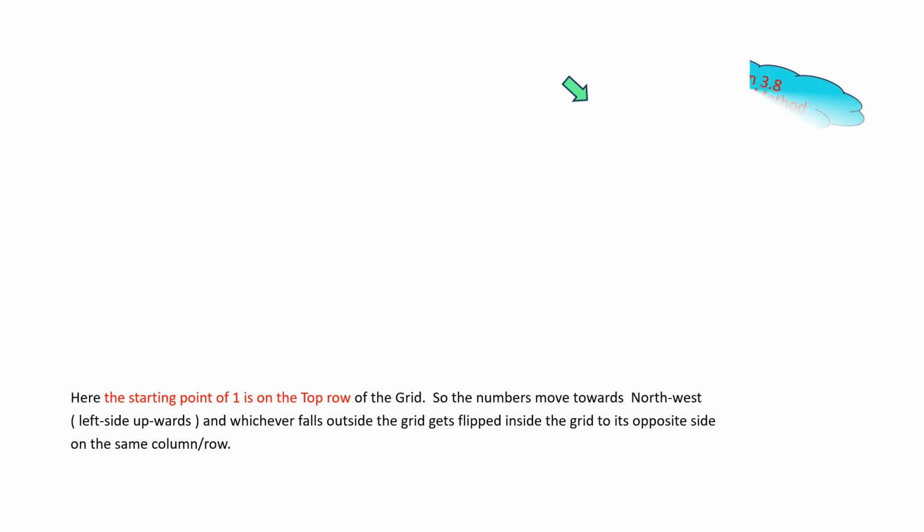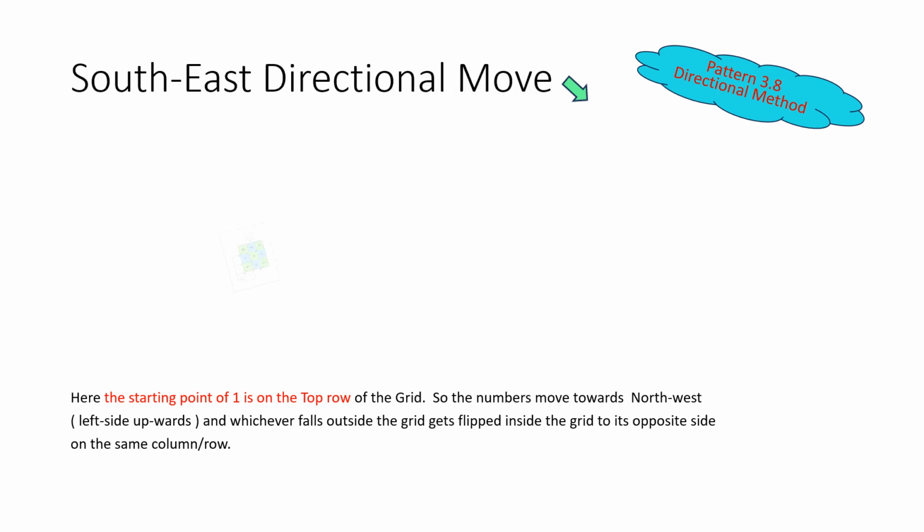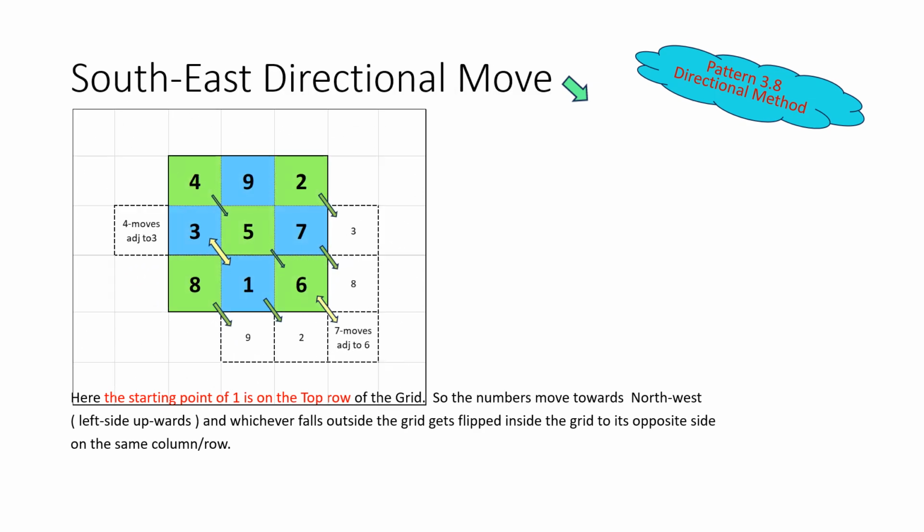Here it comes last, that is the end of this directional method magic square. You see, one starts from south and slowly moves towards its direction, where 2 falls outside the grid, so gets flipped inside the grid of the same column. 3 gets flipped inside the second row, 4 gets adjusted with adjacent number 3, 5 and 6 travel to southeast, 7 gets adjusted with 6, 8 and 9 get flipped inside the grid.